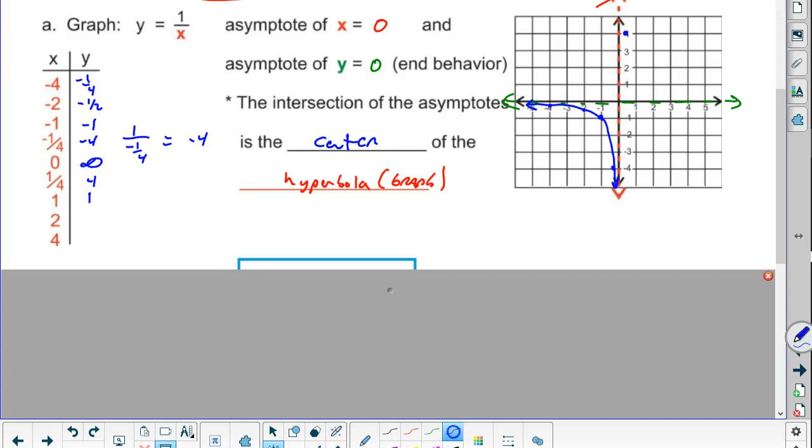Stick in 1, you get 1. And can you see how we're kind of mirror imaging? 2 would be 1/2. And 4 would be 1/4. So now we're coming like this.